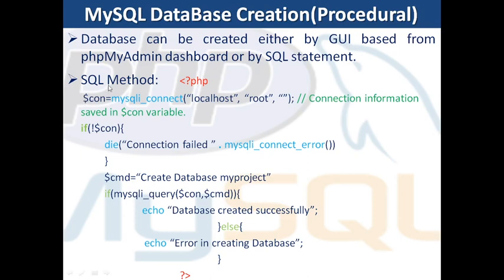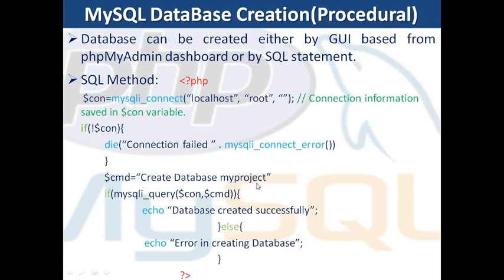We have a connection here, $con, and if this connection variable does not exist or connection information does not exist, then we'll stop executing the PHP script further. Then the SQL statement is prepared and saved in the $cmd variable: create database my project.